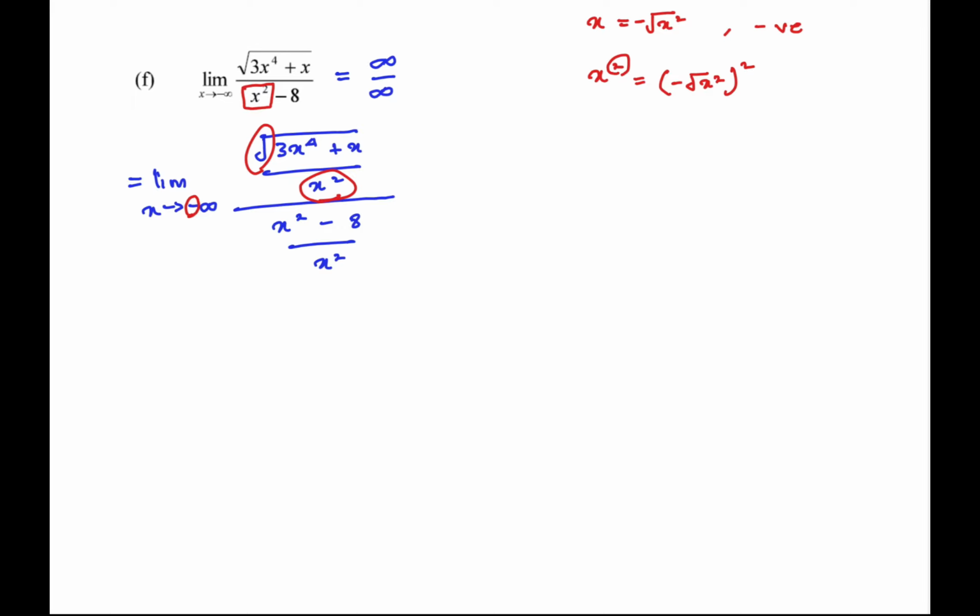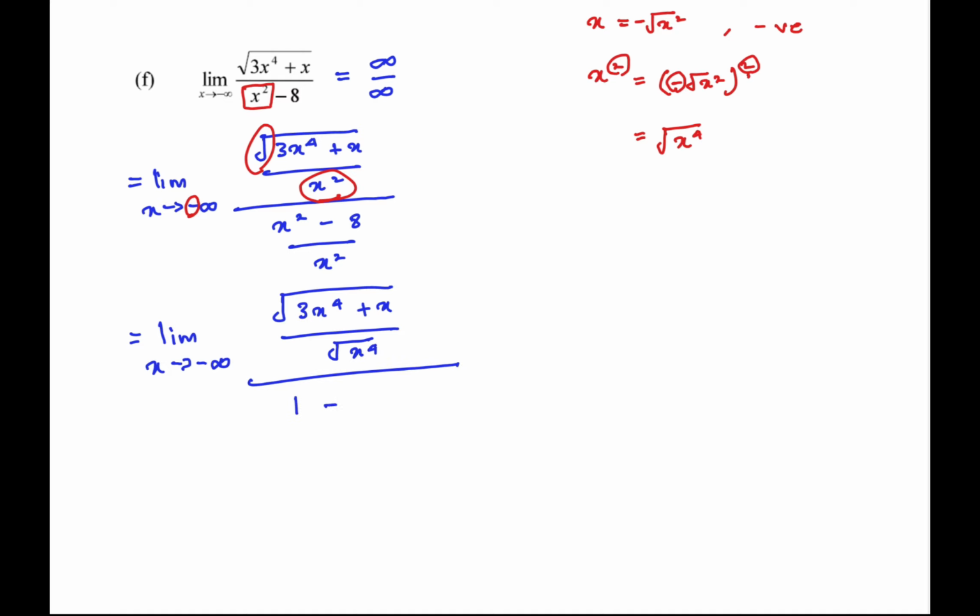Square here, this one is squared. So when you expand this one, the negative is eliminated, so it becomes x^4 only because the power is an even number. So this one we can get by going to the limit as x approaches negative infinity of (3x^4 plus x) divided by the square root of x^4, and then this one 1 minus 8 over x squared.